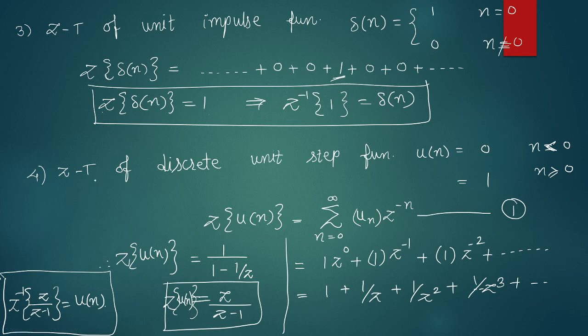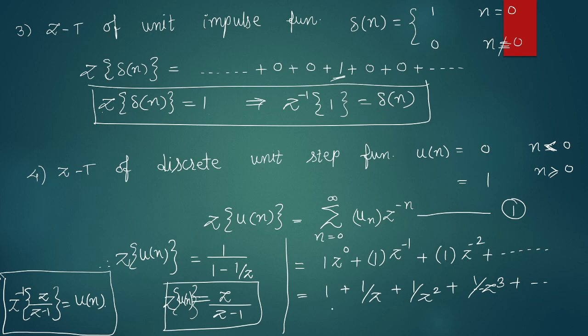Next is Z transform of discrete unit step function u of n. Its value is equal to 0 when n is less than 0, and when n is greater or equal to 0, its value is 1. Now apply the definition of Z transform here. Summation n equal to 0 to infinity, because all other values are 0. Then here 1 into z to the power 0 plus 1 into z to the power minus 1, 1 into z to the power minus 2, and so on.